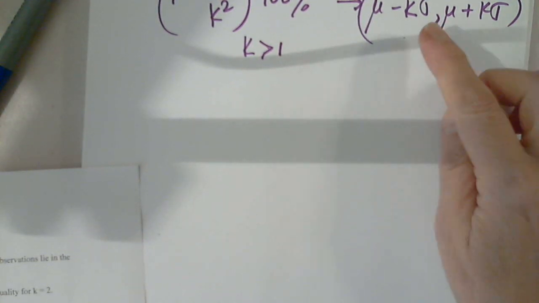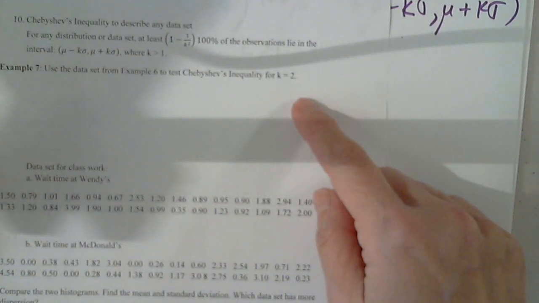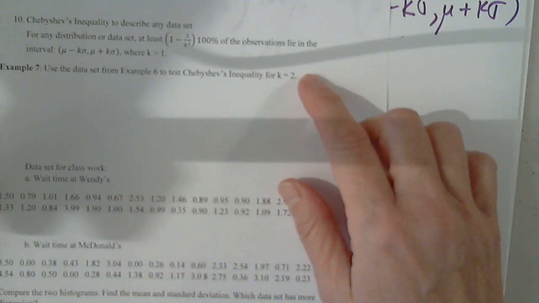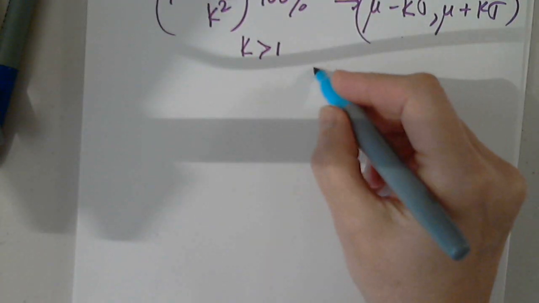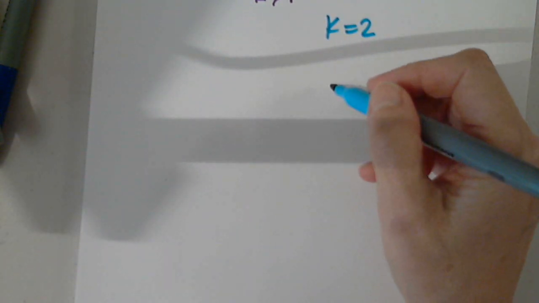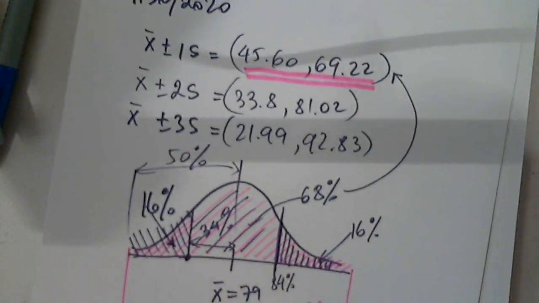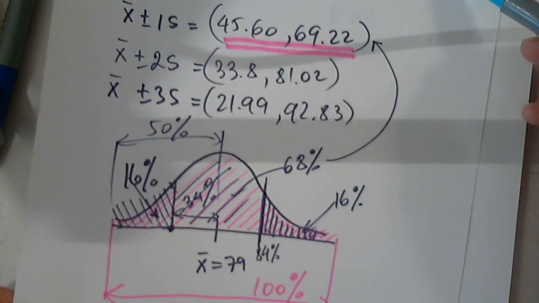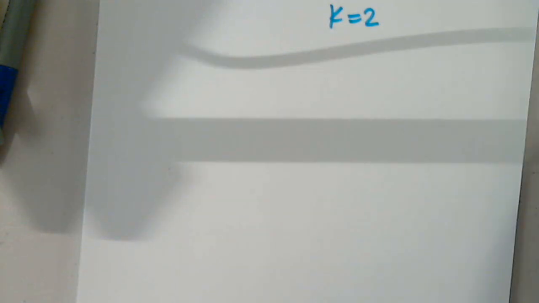So if we choose k, and I said I chose k equals 2, let's see what happens. I did not perform the calculations myself. So if k is 2, because we calculated for k equals 1 already, mu minus sigma and mu plus sigma, which is what I just showed here.